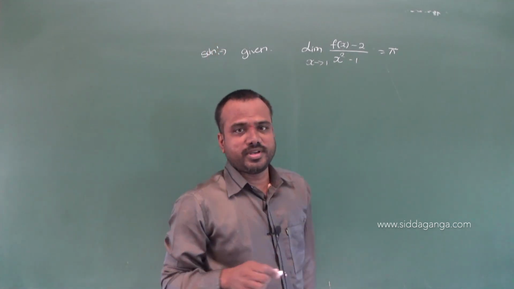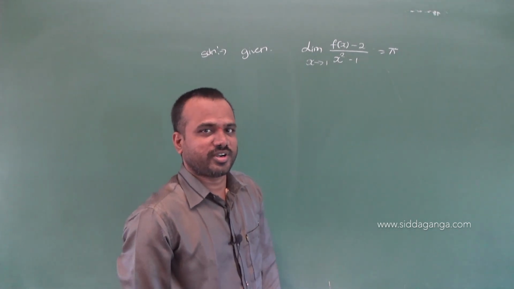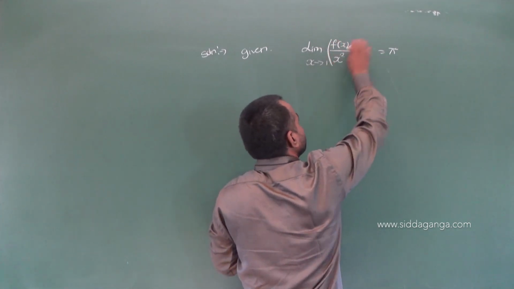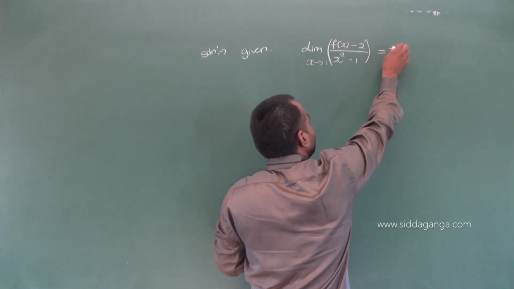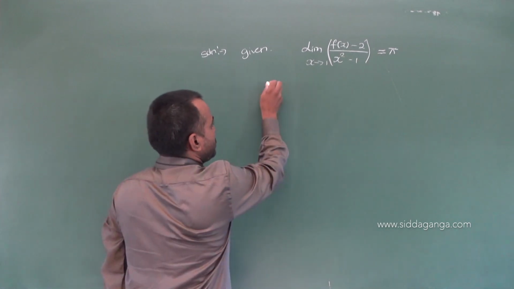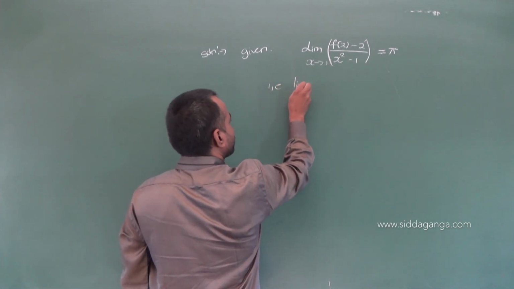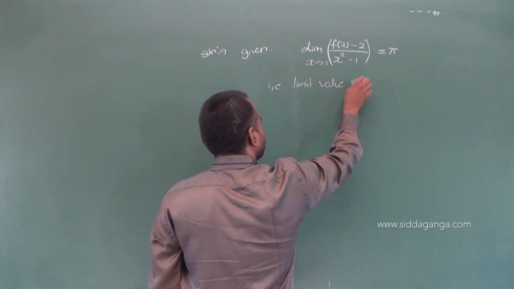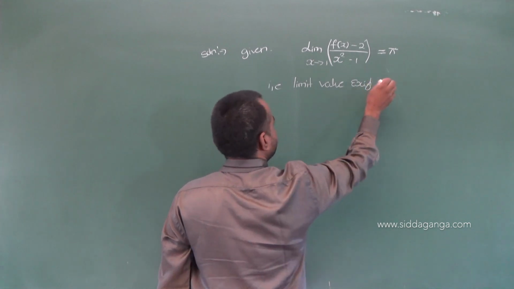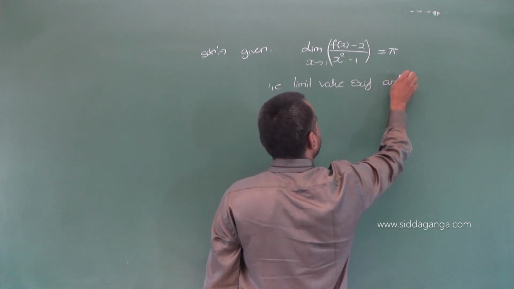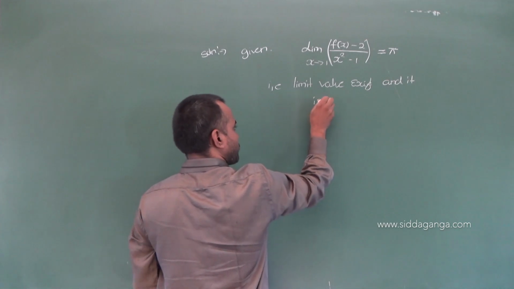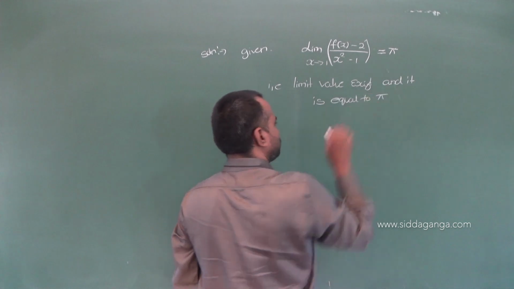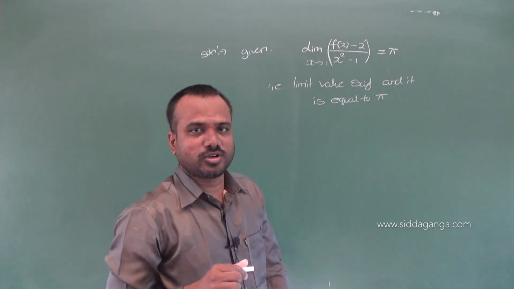This is given means, observe this very important point, the limit exists and it is equal to pi. That is, the limit value exists and it is equal to pi.